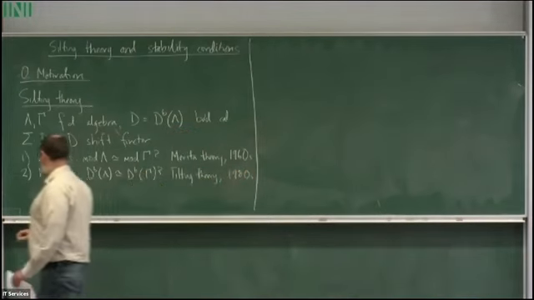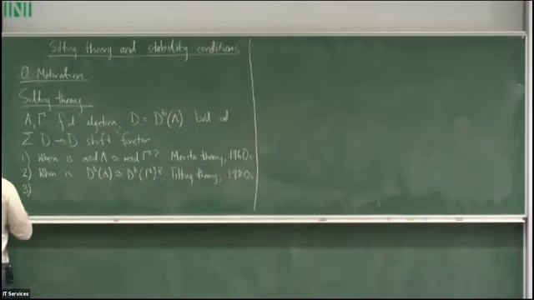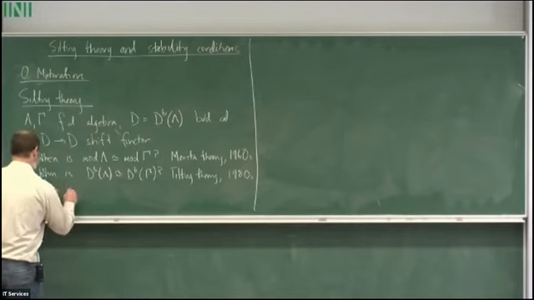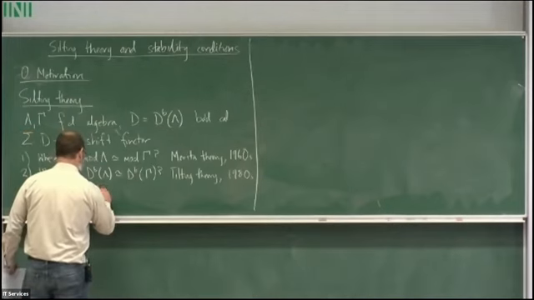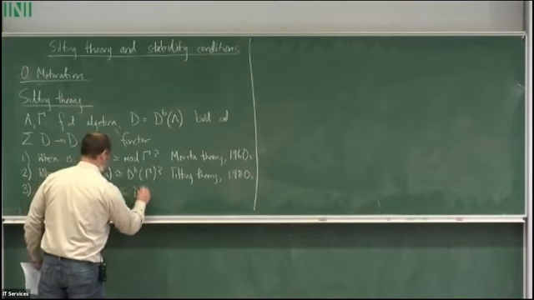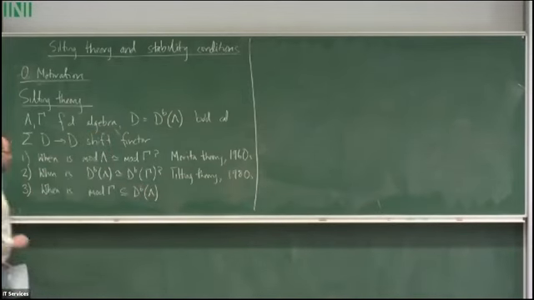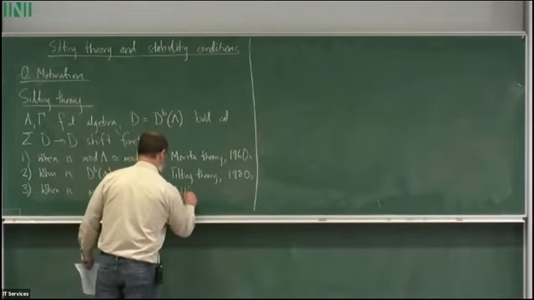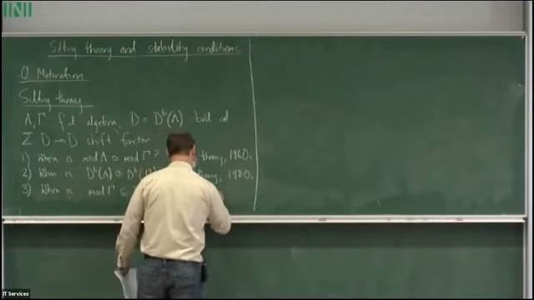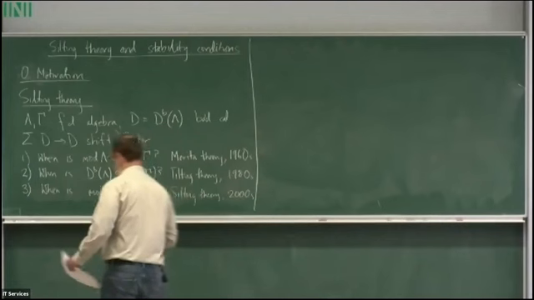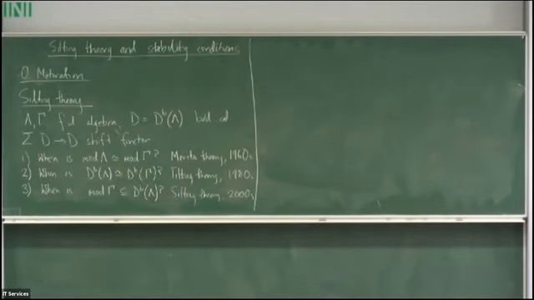And the third question, I would say, is: when is mod Γ a subcategory of the derived category of Λ? I would call this silting theory. Just a caricature of what silting theory is and a bit of history.